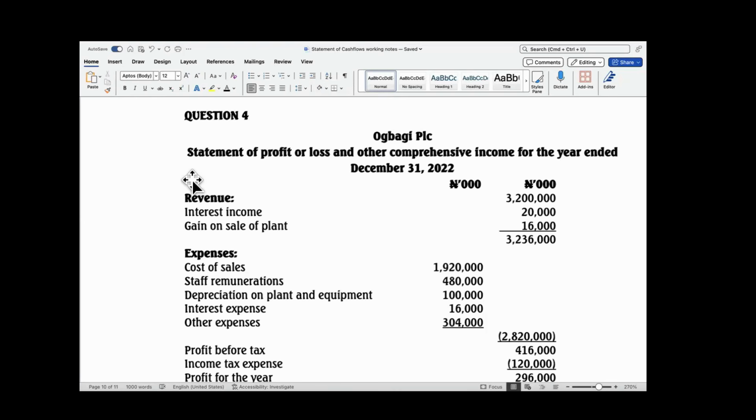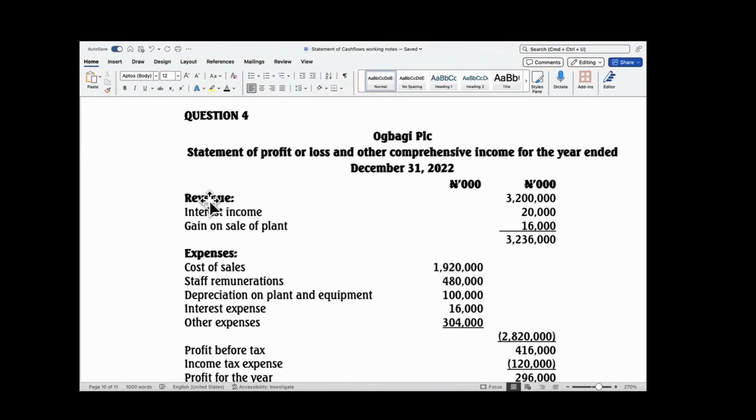But with direct, you start from the beginning and extract the cash element of it. It's more tedious, but it's better. It's detailed. Everything is clear.